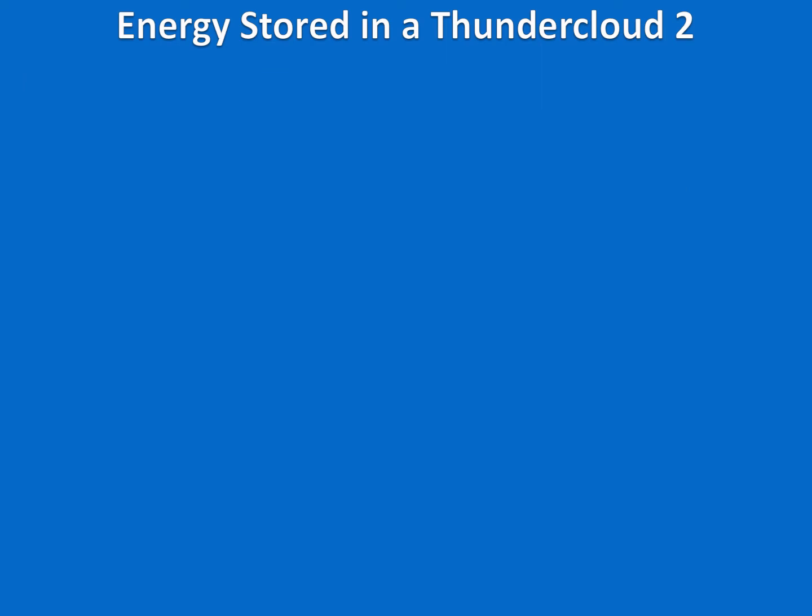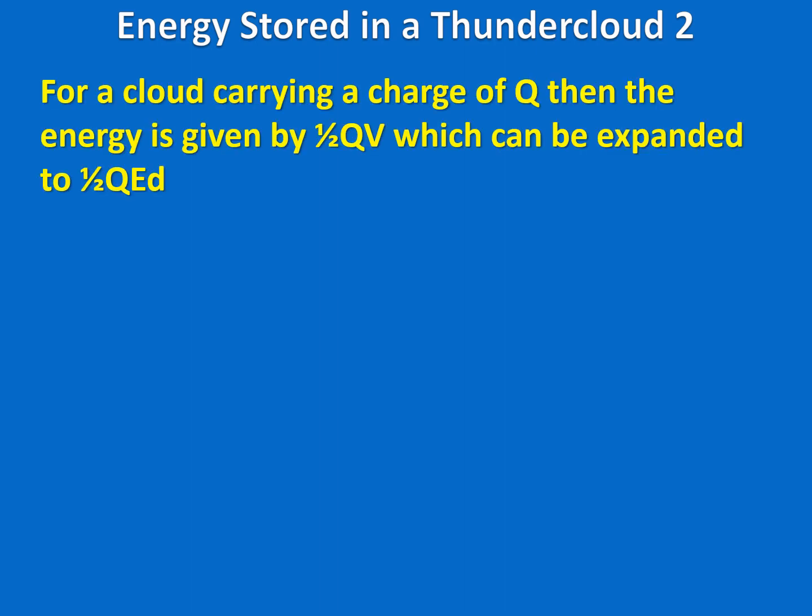So if we've got an expression for the voltage in terms of the field strength and the distance, we can calculate how much energy is stored if the thunderclouds move up and down in position. So energy stored was given by half QV, and the expansion of that would be half QED.